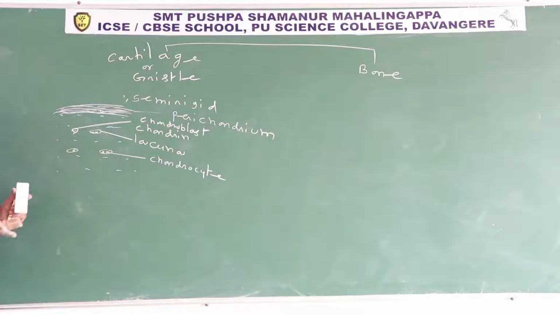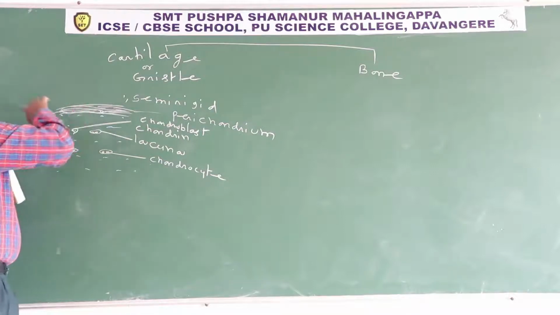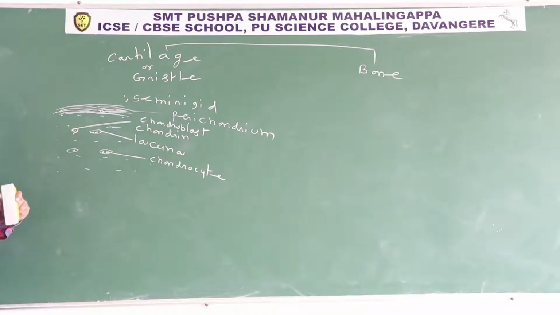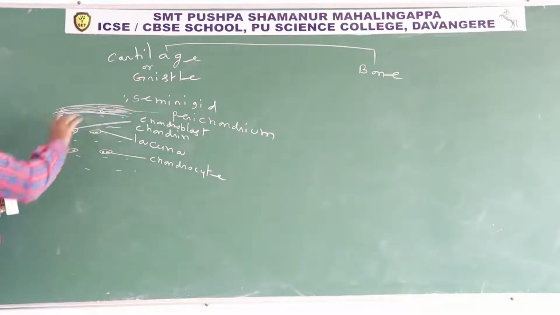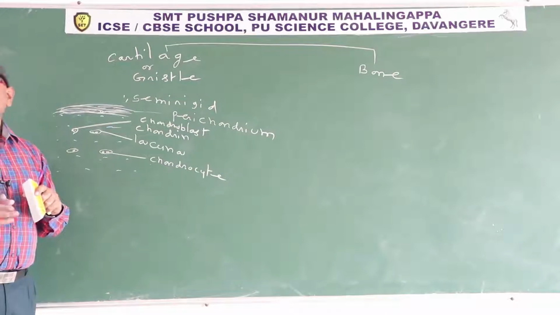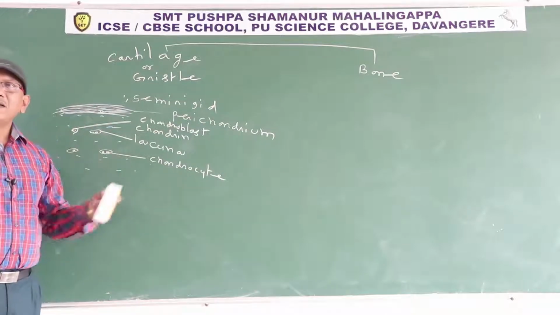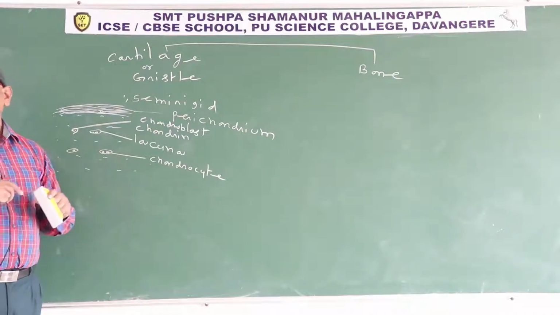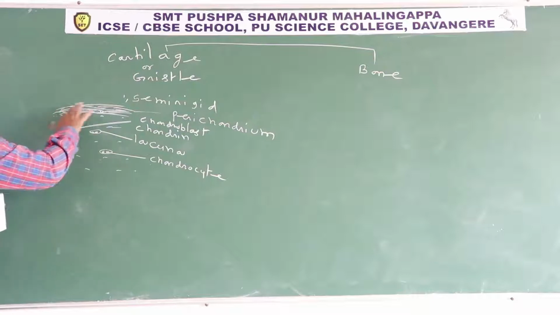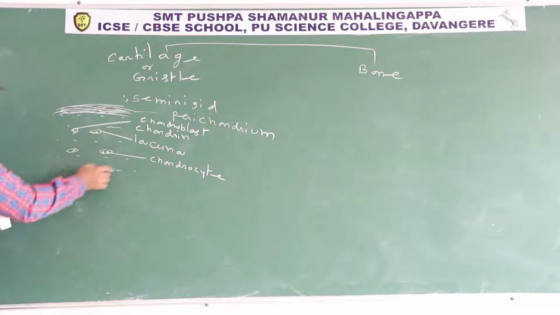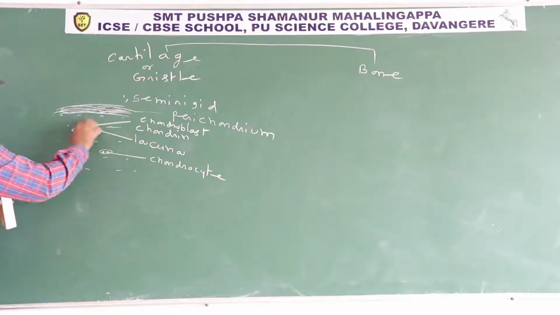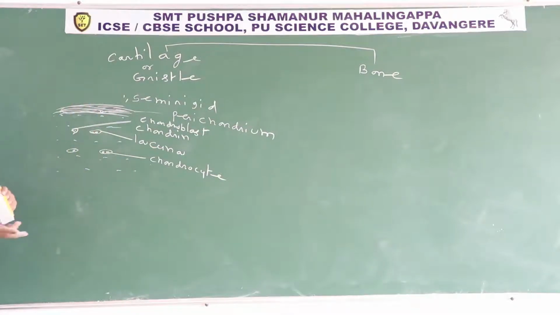So write a short note on cartilage. Cartilage is one of the skeletal tissues. Cartilage is also known as gristle. Matrix is semi-rigid. Cartilage is resistant against compression. It is avascular. No blood vessels in the cartilage. Blood vessels are present in the perichondrium. What is perichondrium?